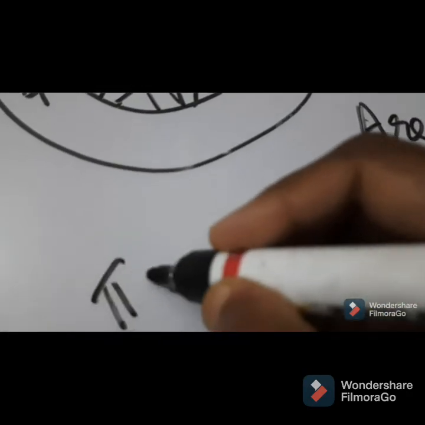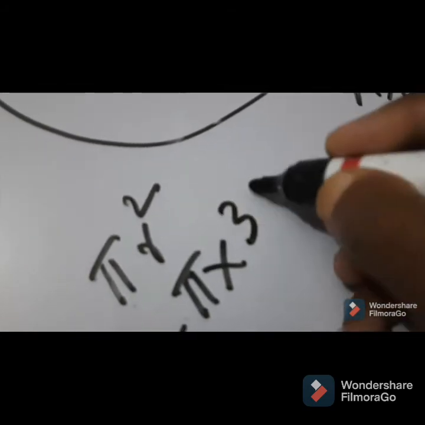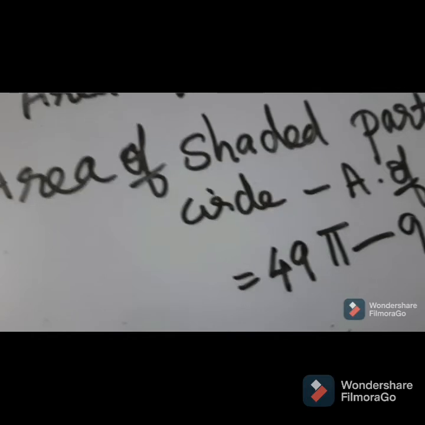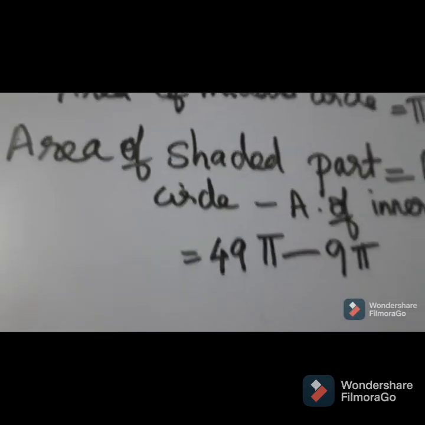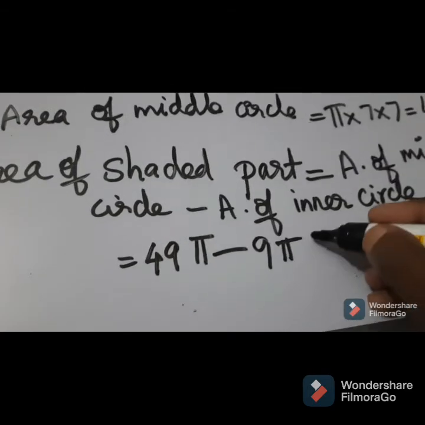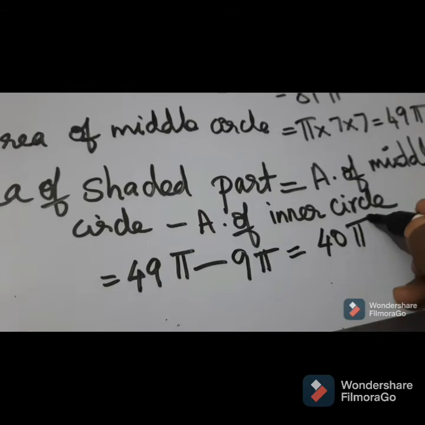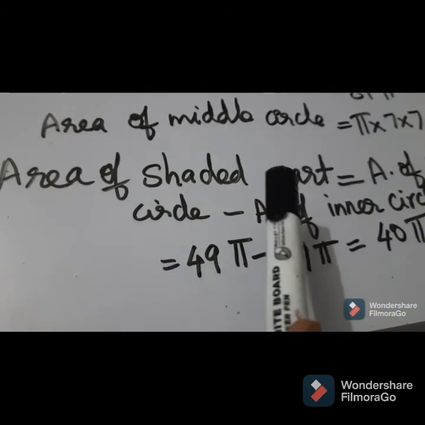That is pi into 3 into 3, that is 9 pi. Okay. Now the area of the shaded part is 49 pi minus 9 pi. So we will get 40 pi. This is the area of the shaded part.